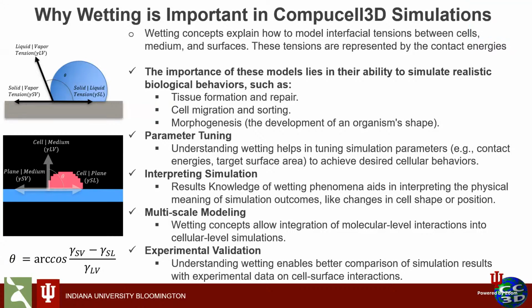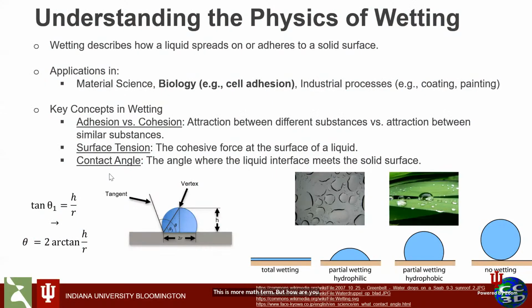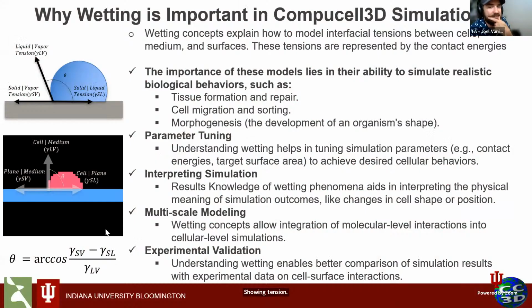This is more of a math question, but how are you relating tension and the two equations? Here it's height and radius, just geometry. But then in the other graph, you're showing tension between two different surfaces. Right, this one that you're seeing here is actually where the Young's equation comes from.